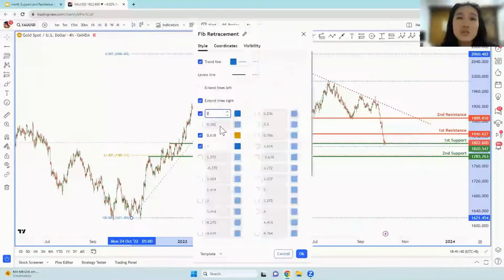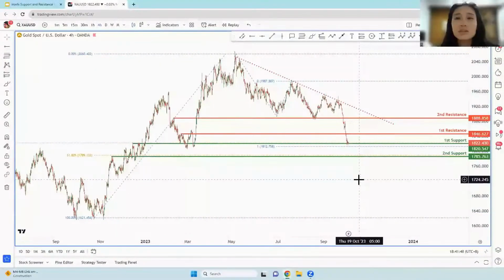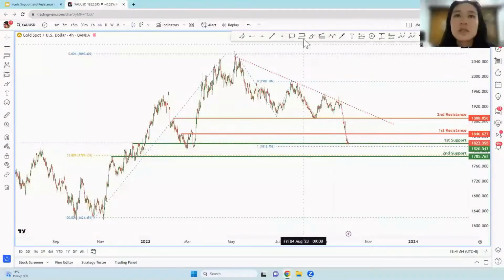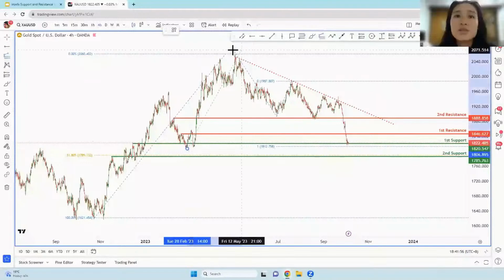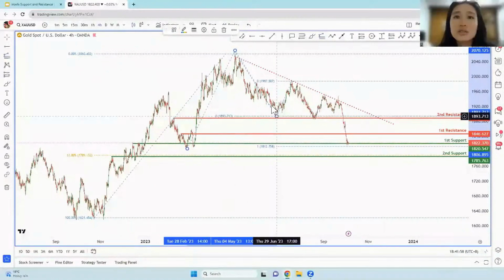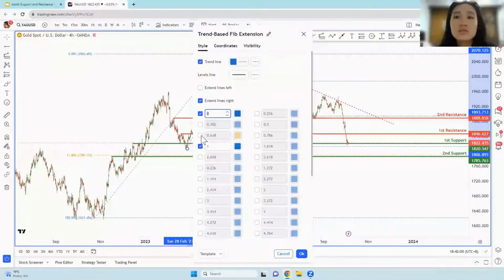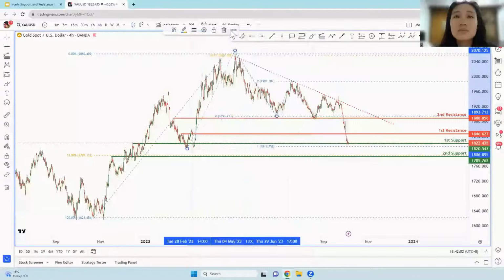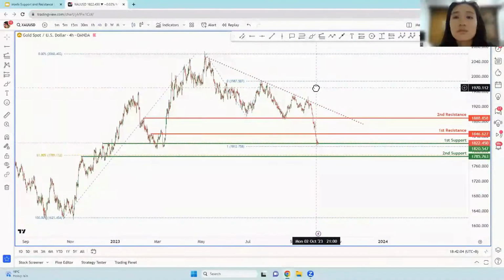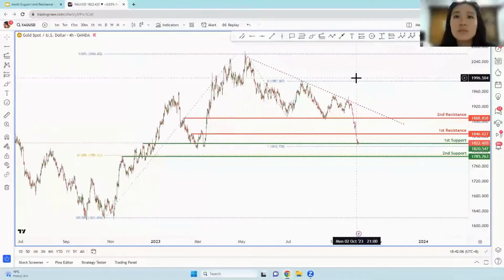So for retracement, we use the 5 levels that I was using earlier: 23.6, 30.2, 50%, 17.6, and 61.8. I think that's all the levels we have for Fibonacci.